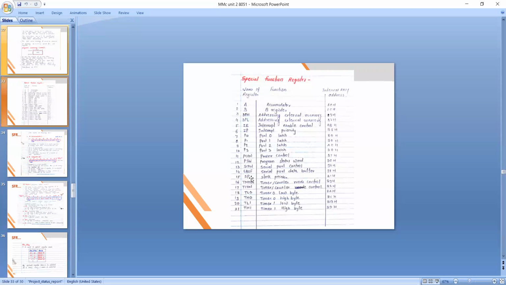All these SFRs, especially IE, IP, TCON and TMOD, we will study in detail in chapter 4, because chapter 4 covers programming of timers, interrupts, ports, and serial communication. At that time we will deal with all these SFRs in depth. At this moment you should only practice these SFRs.